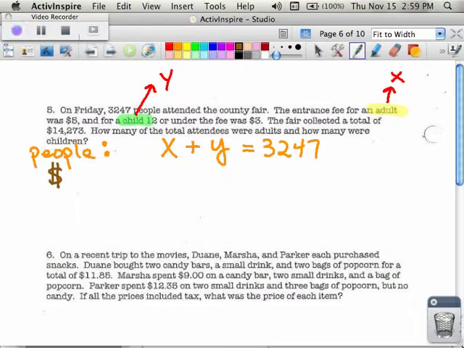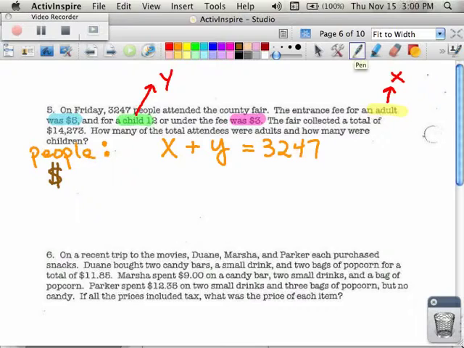If we're talking about the adults, each adult in this situation is costing a certain amount. So I look at how much the adults cost, and the adults are costing $5, and the children are costing $3.